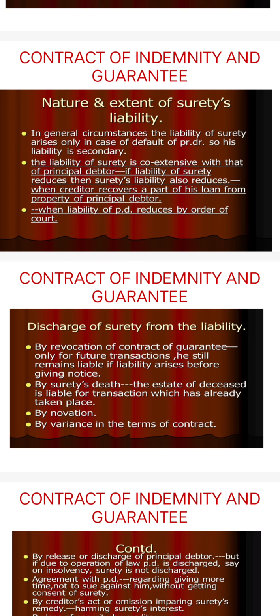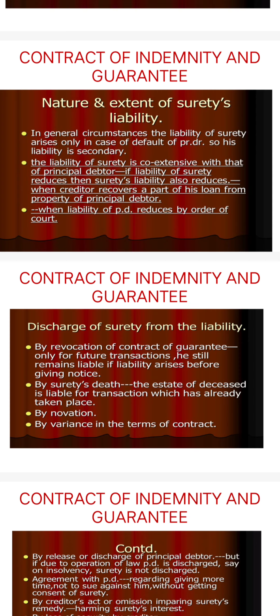Next, nature of indemnity and extents of surety's liability. In general circumstance, the liability of surety arises only in case of default of principal debtor. So, his liability is secondary. The liability of surety is coexisting with that of principal debtor.